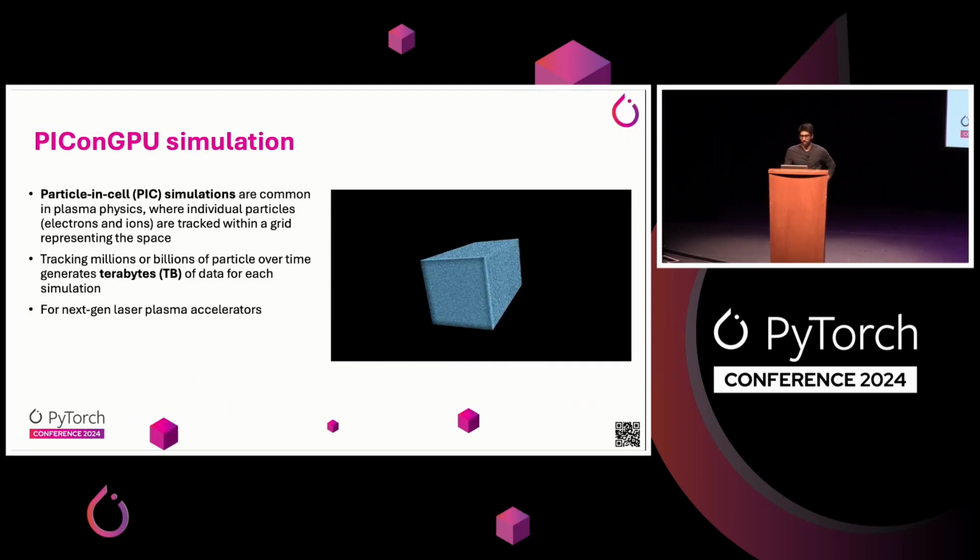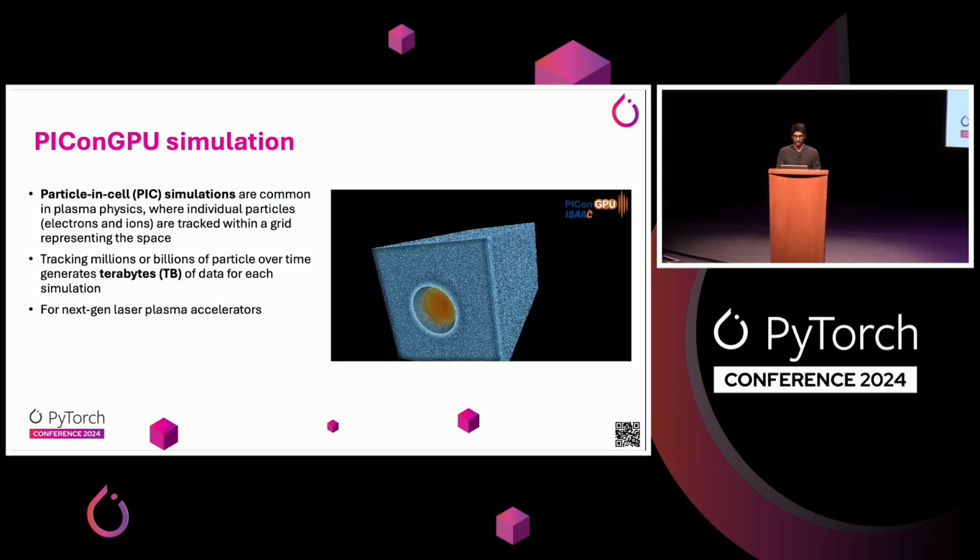To give a background about the science case, PIConGPU is a particle-in-cell physics simulation that tracks particles within a grid representing the space. I'm a computer scientist, and the benefit of working on an interdisciplinary project is that we get cool graphics. So I'll show you cool graphics.